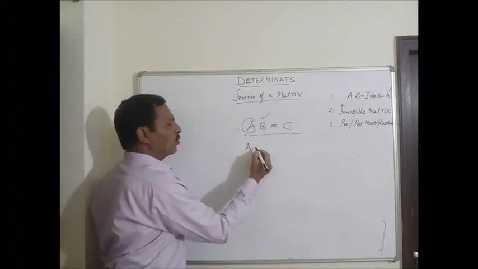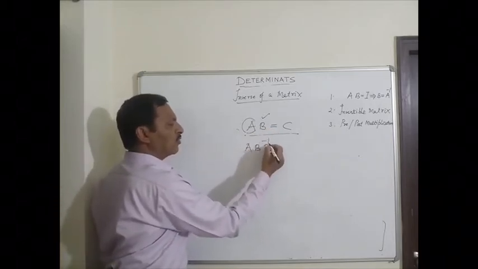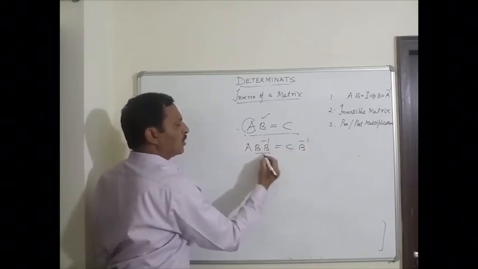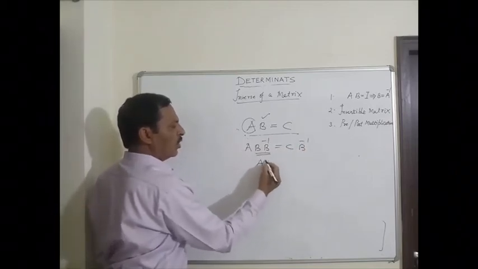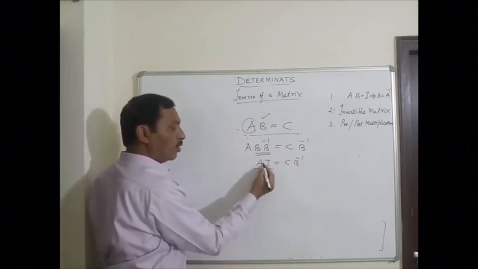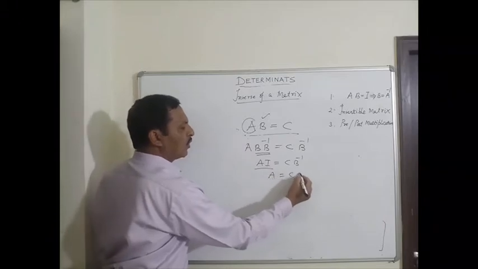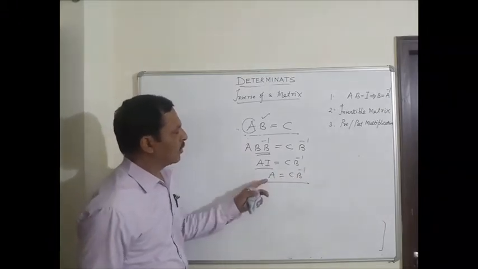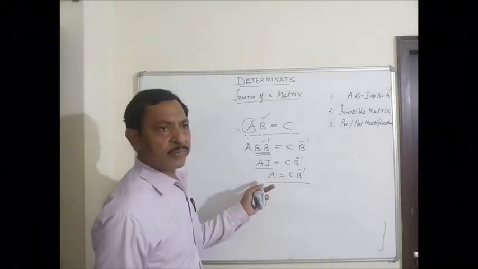So this is A into B, it is post-multiplication by B inverse here. See, here also post-multiplication by B inverse. That answer is I. So A into I is equal to C into B inverse. So what is I into A? That is A equals C into B inverse. This is how we get the value of a matrix.